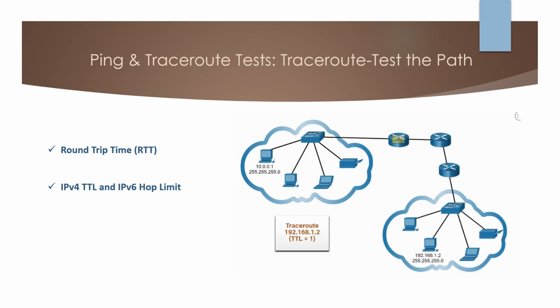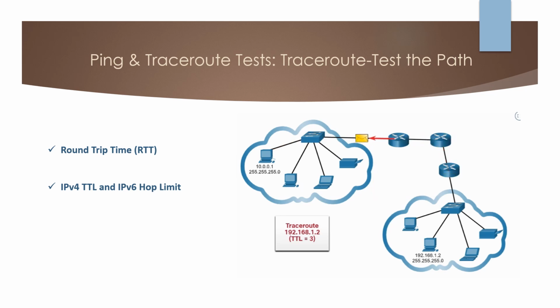The first sequence of messages sent from Traceroute will have a time to live field value of 1. This causes the time to live to time out on the IPv4 packet at the first router. This router then responds with an Internet Control Message Protocol time exceeded message, and Traceroute now has the address of the first hop.